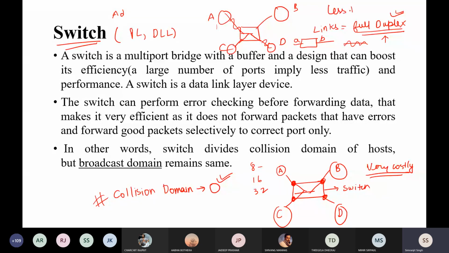There is also less traffic, because everything is connected to a different port and it can send the message appropriately to anybody. The only disadvantage is that it is very costly.